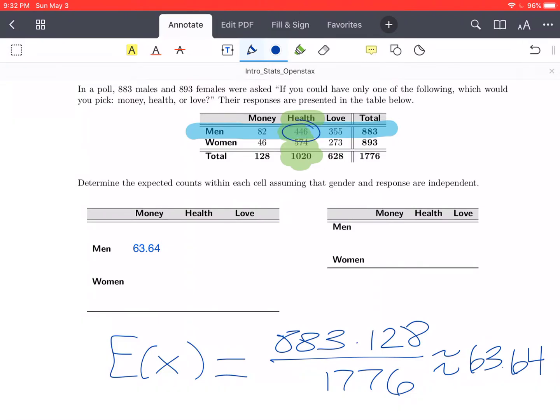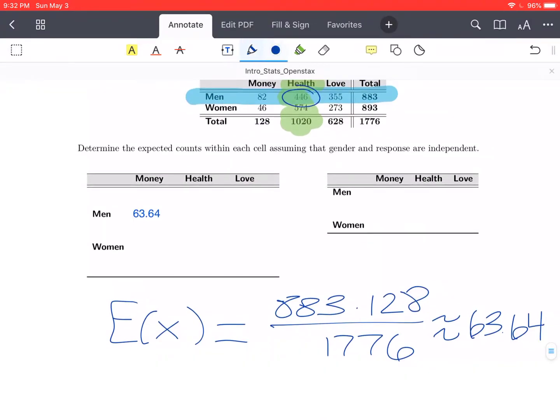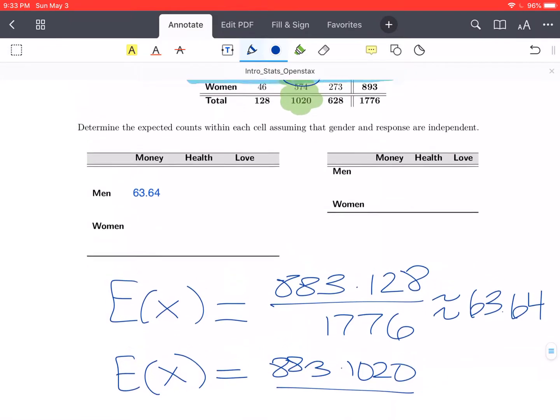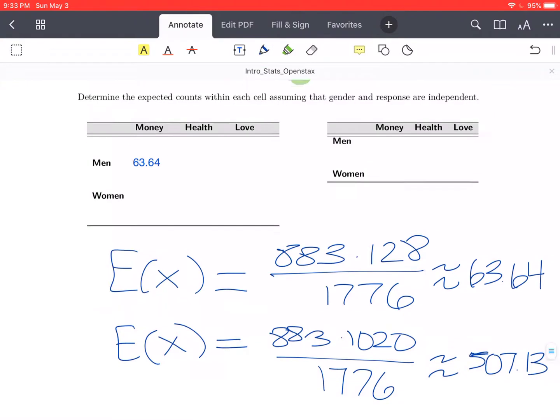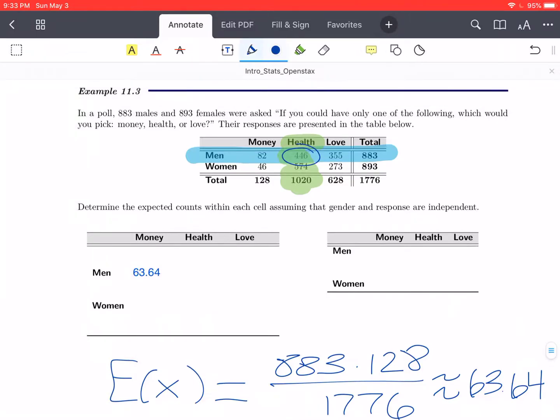The expected value, what we would expect to get if these were independent, is row total, 883, times column total, in this case 1020, over table total, which is still 1776, which gives us approximately 507.13. And we would just keep doing this for each element in this table.